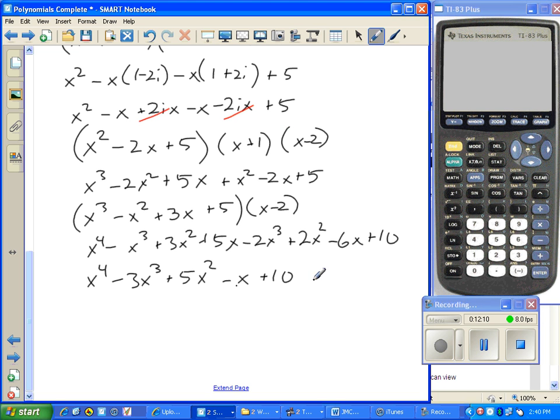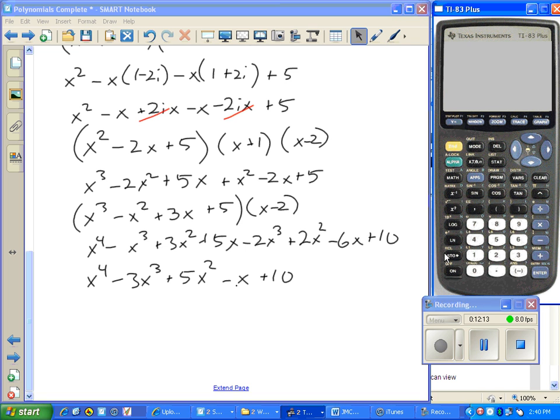But to check to make sure we've got everything, we can graph this one. So x to the 4th minus 3x to the 3rd plus 5x squared minus x plus 10.